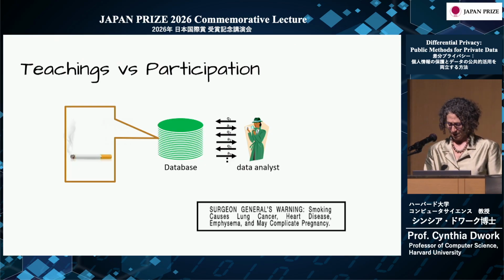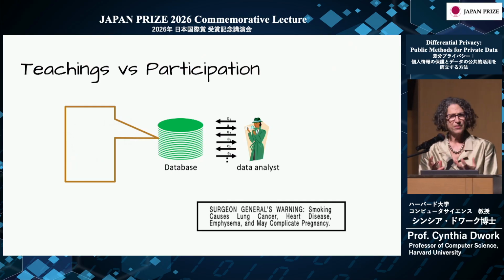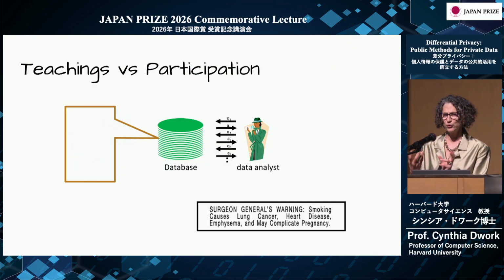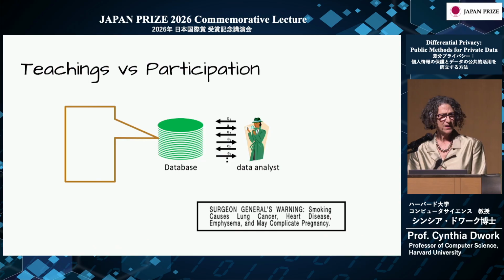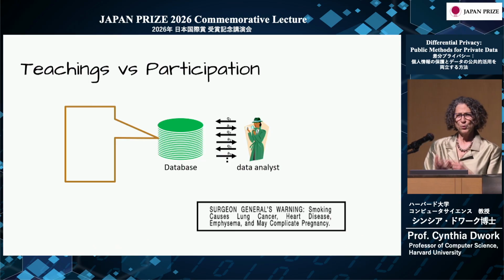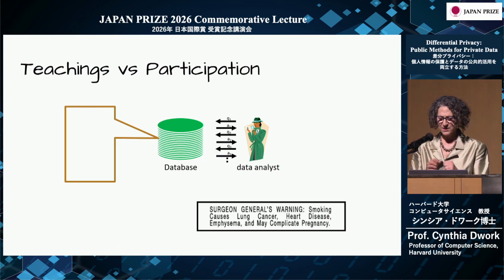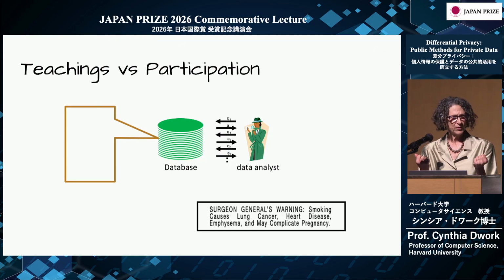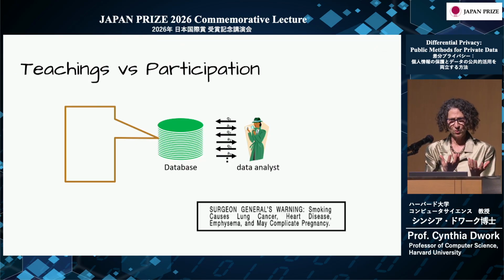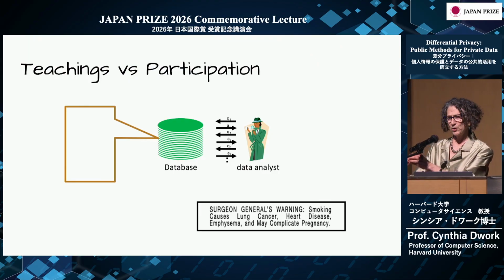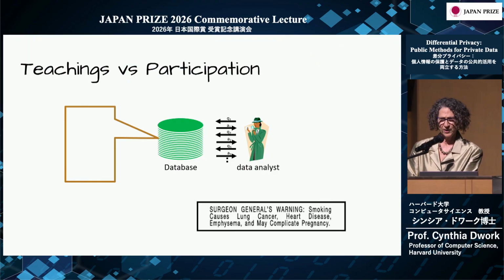Okay? But differential privacy will ensure that the same things would be learned whether this smoker is or is not in the data set. So differential privacy lets us separate the harms that come from the teachings of the data set or from the population as a whole from any harm that could happen as a result of participating in a medical study.